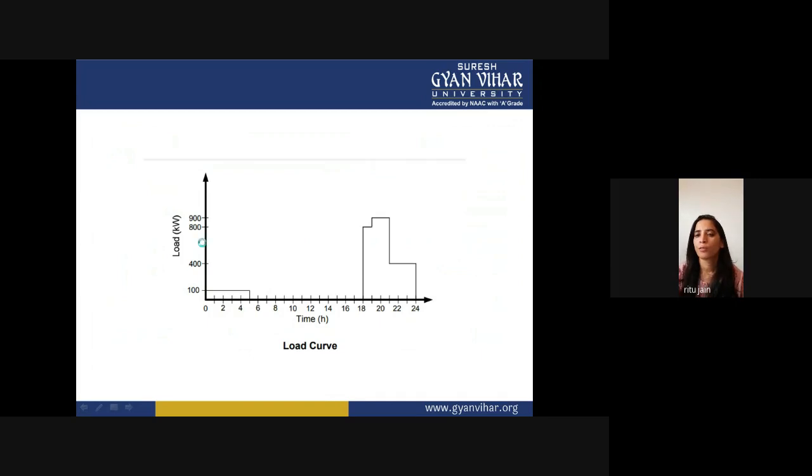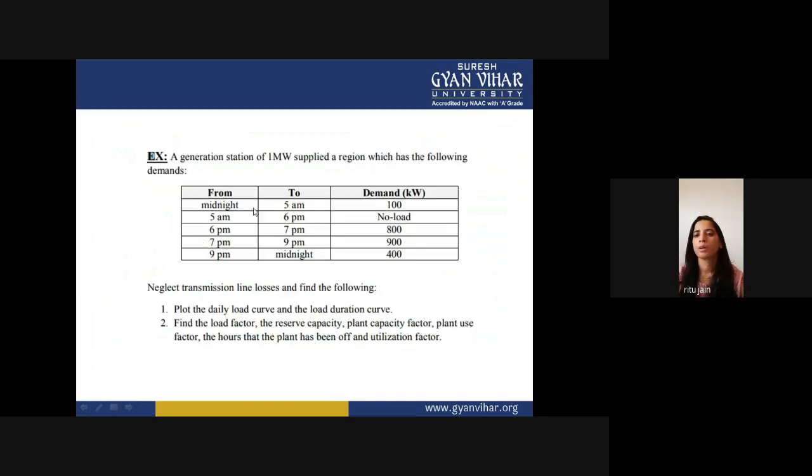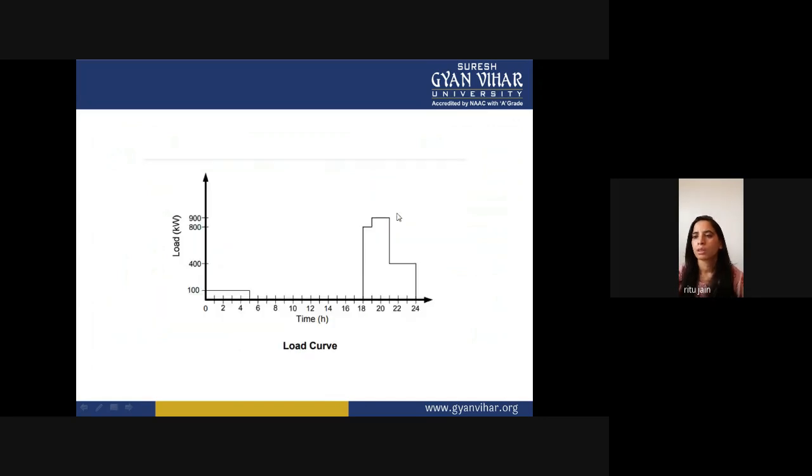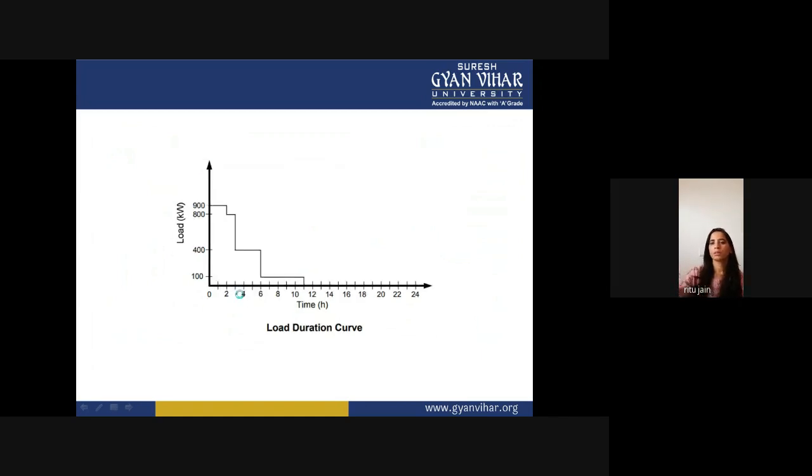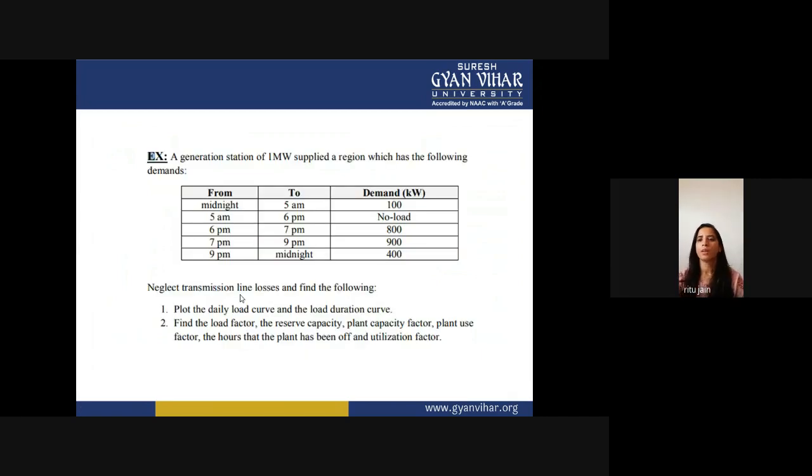First is midnight to 5 a.m., you are using 100 kilowatt. After that, from 5 a.m. to 6 p.m. there is no load.